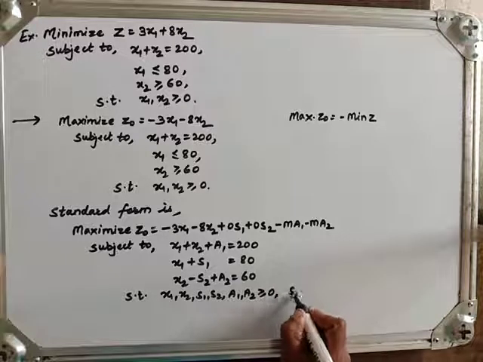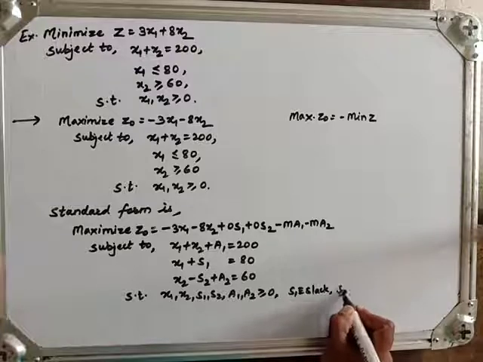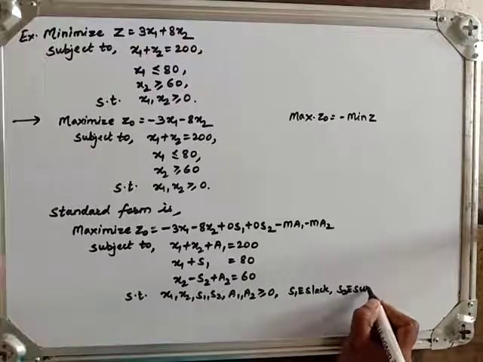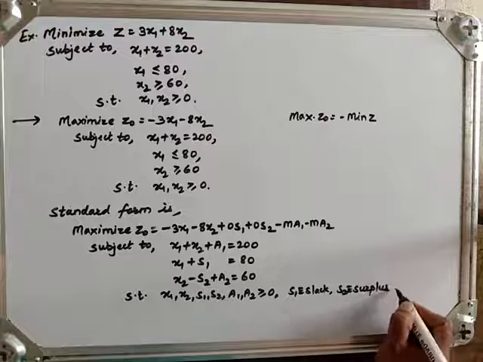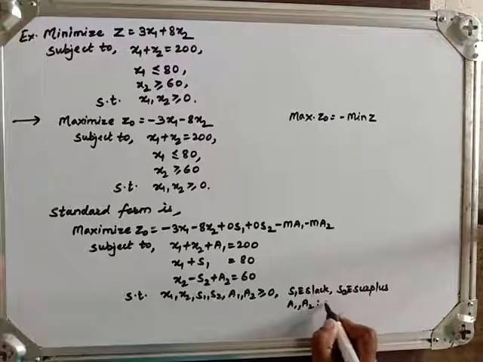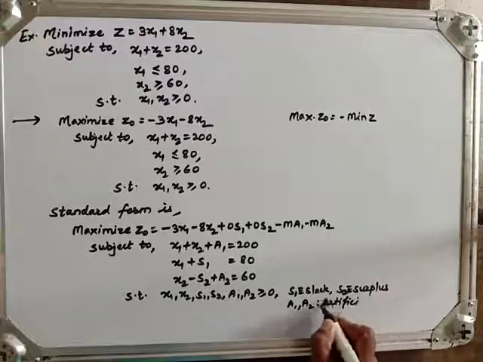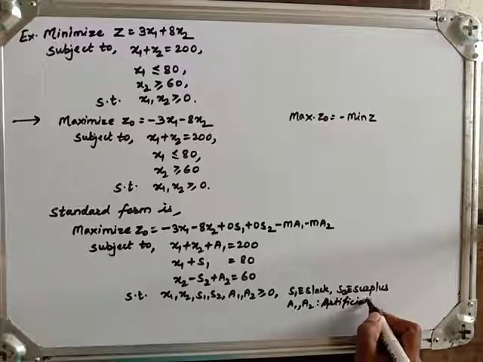Here s1 is a slack variable, s2 is a surplus variable, and a1, a2 are artificial variables.